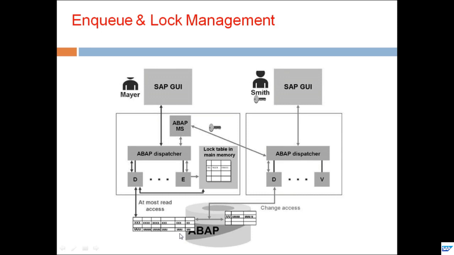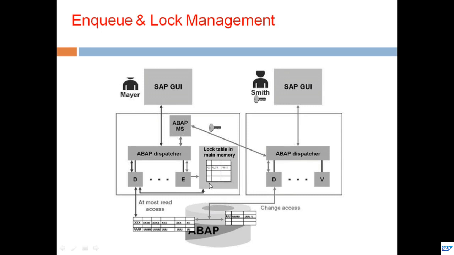The lock table is located in the main memory of the instance with the enqueue work process. If a user wants change access to data, the executing dialog work process requests a lock. To do so, the application developer must program this request explicitly.